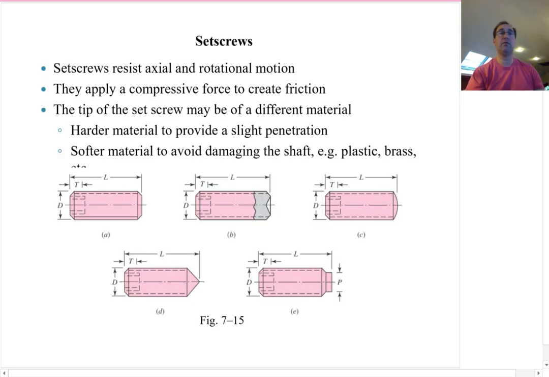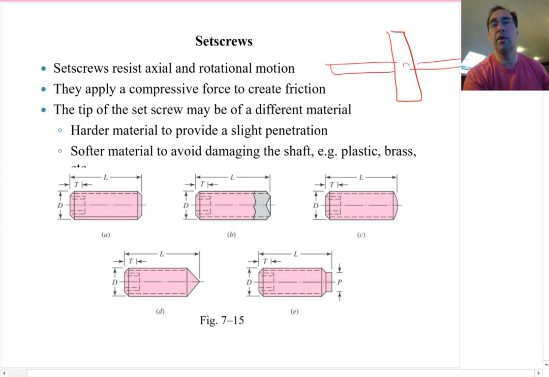All right, so set screws, I've used these a lot in shaft design, and what you do is, if this is your component and this is your shaft, you would drill a threaded hole here, and you would screw the set screw down into that hole.